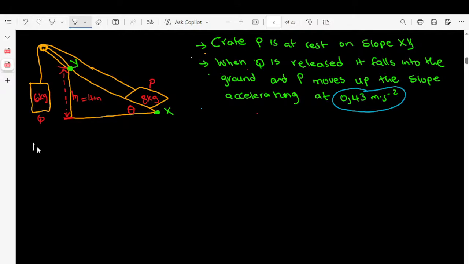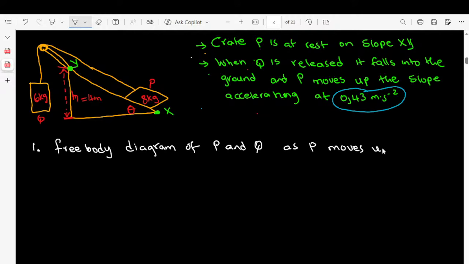Free body diagram. We need to find the free body diagram.